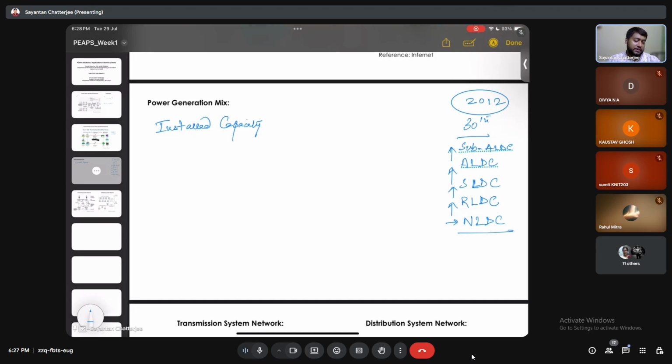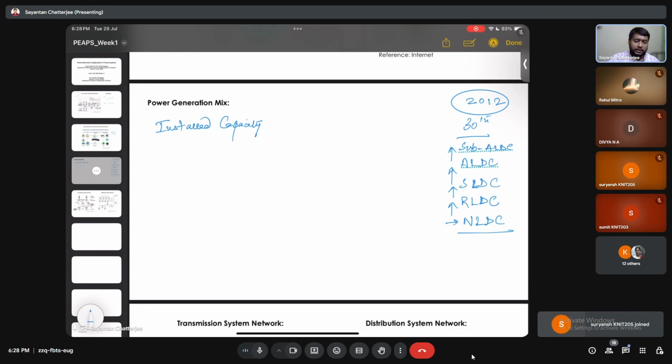On the 31st, again, the northeast and eastern grid isolated themselves from the western and northern grid. These western and northern grids had already seen overloading, and one line got overloaded to around 1.7 times the loading capability. The limit was violated and the breaker tripped, and that overload shifted to the next line.